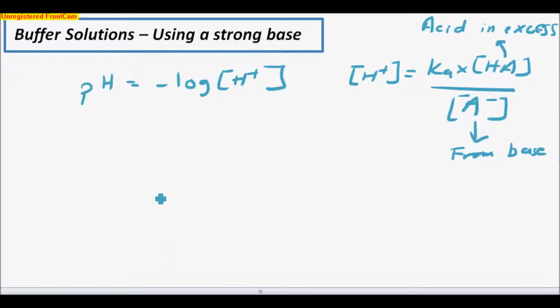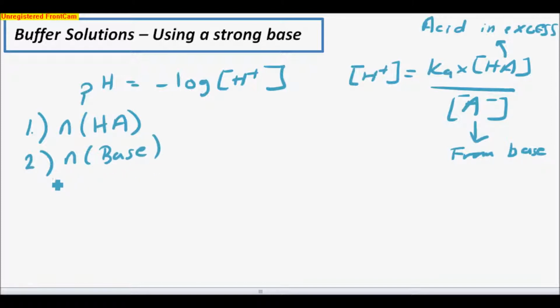So here are the steps I would recommend you take in working out the pH of such a solution. The first thing you need to do is work out the number of moles of HA at the beginning of the reaction. Number two, calculate the number of moles of the base. Number three, work out the total volume. Number four, work out the new concentration of both HA and the base.